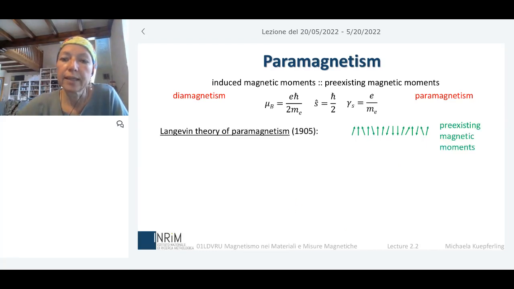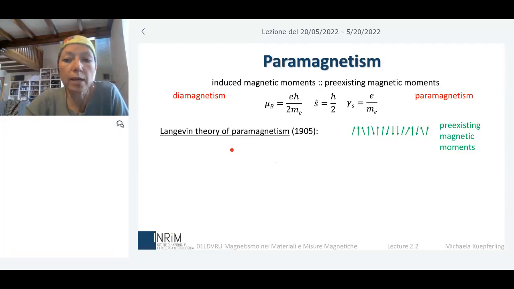So diamagnetism is induced and paramagnetism has these magnetic moments. Now, we don't know anything about where these magnetic moments are coming from. They could be the orbital motion of the electron, an elementary Bohr magneton, for example, or they could be a spin moment, or they could be ring currents.